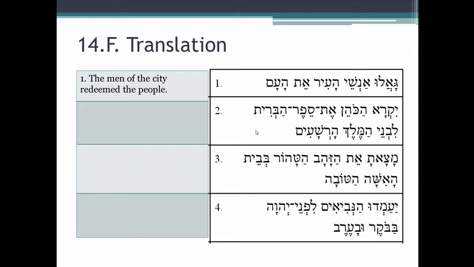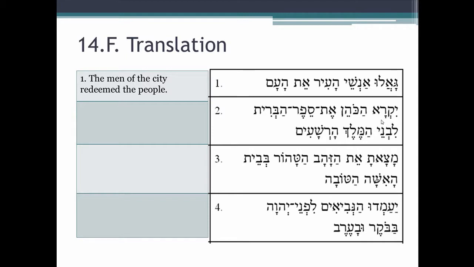Number 2, yikra hakohen et sefer haberit, livnei hamelech hareshaim. Verb, right here. Does it have a prefix? Yes, it does. The lemma is kara, so we have an imperfect verb form, and it's going to be cal imperfect third masculine singular.